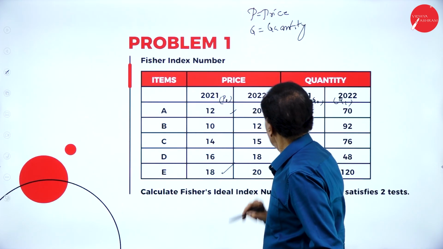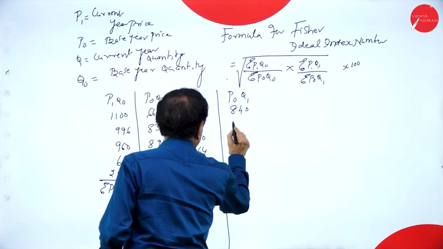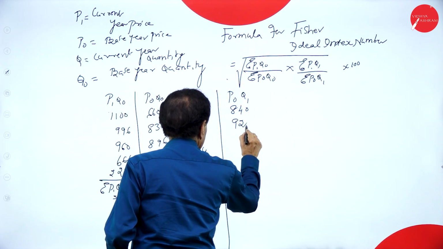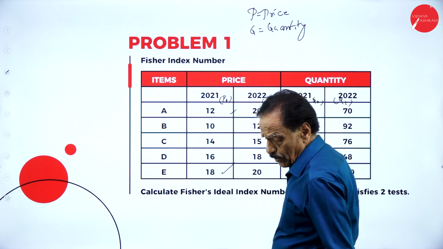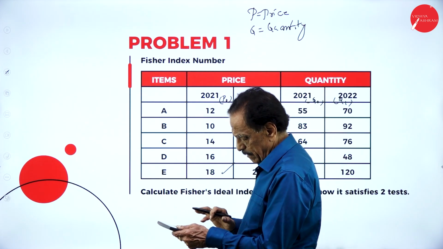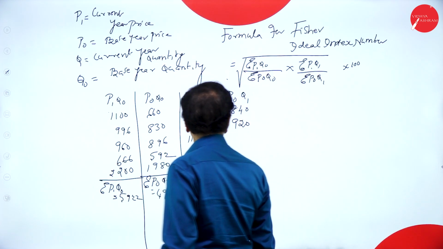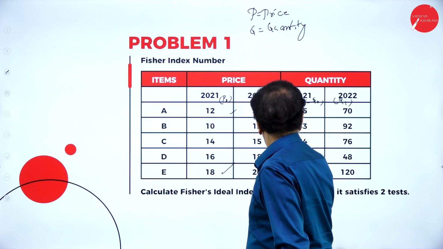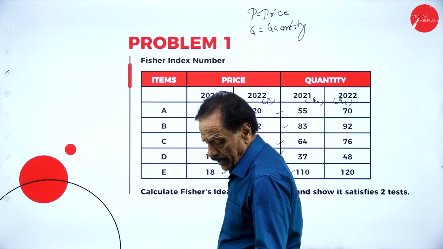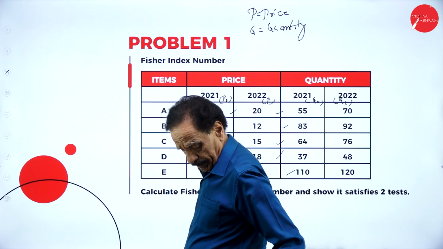So this over, 10 into 92, 920. This over, 14 into 76, 1064. 16 into 48, 768.